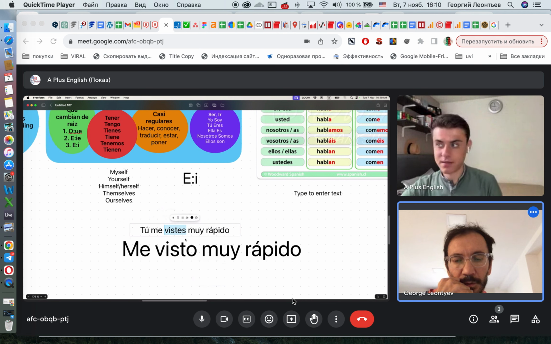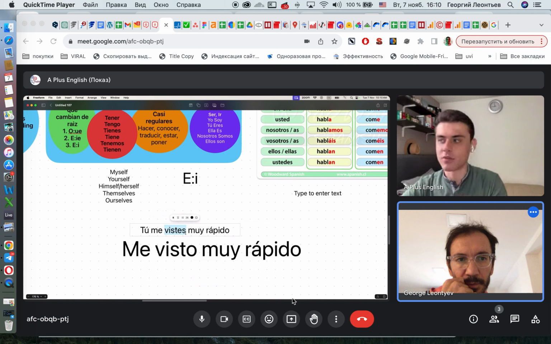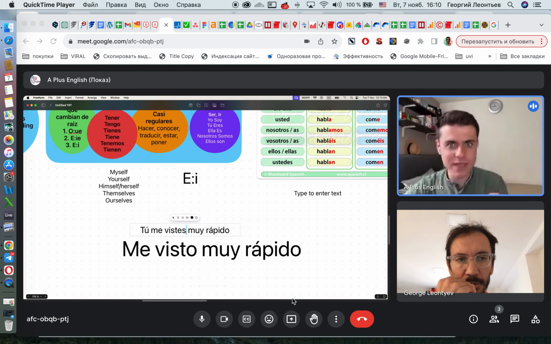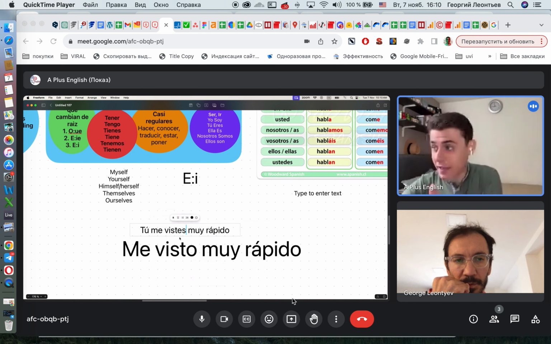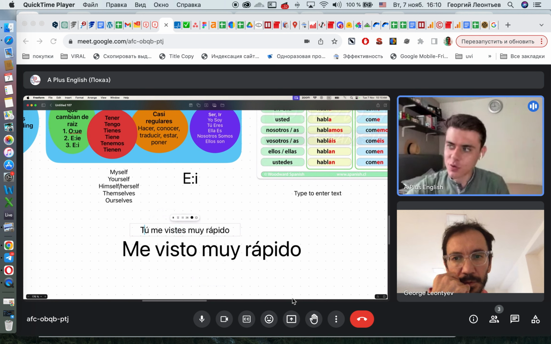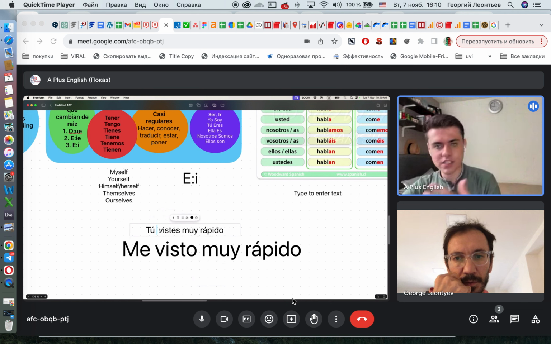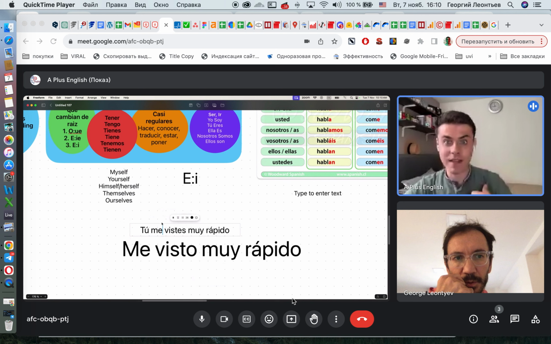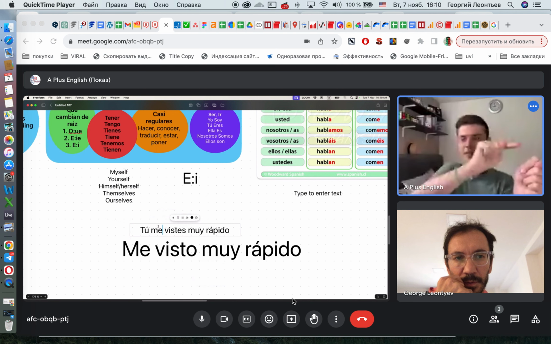Vistes is this ending for tú. Perfecto. So vestir, we know that the person doing the action is tú. Because if the verb is conjugated for tú, it's because the person doing the action is tú. So tú vistes muy rápido, it's you dress someone very quickly. But if you ever see a me there, it's not reflexive. This means you dress me very quickly.